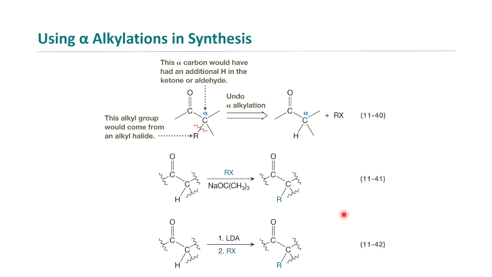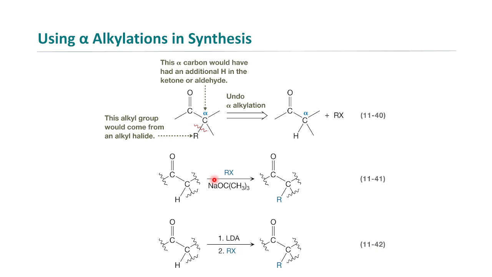All right, so this is going to be using these in various different senses. The alpha carbon would have an additional hydrogen in the ketone or aldehyde. This alkyl group would come from the alkyl halide right here. And so when we undo the alkylation, we get this right here, which has one less substitution. And so we can go ahead and use this to put on various new groups here at these different spots.